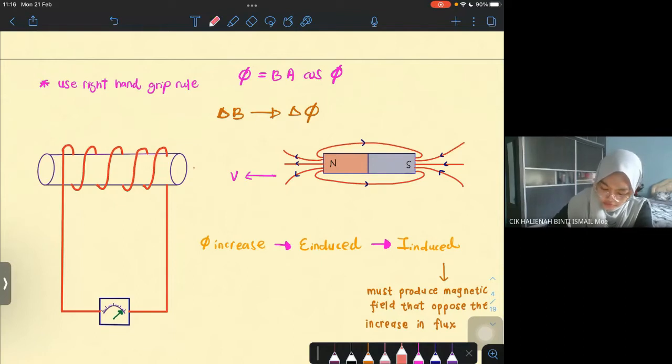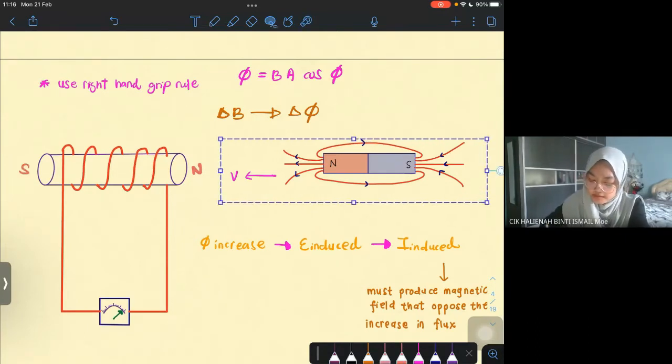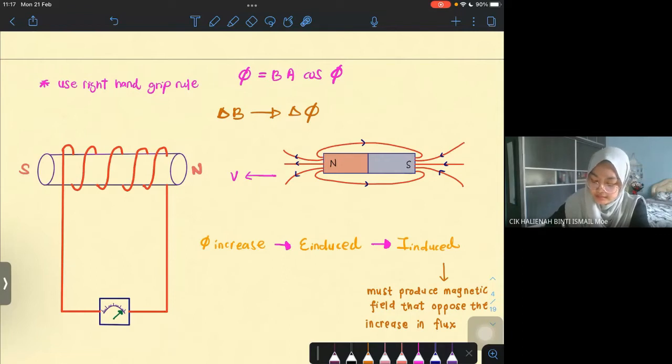Sebab bila north bertemu north, dia akan repel each other. So kalau dekat sini north, dekat sini akan jadi south. So this is the case when the magnet is moving towards the solenoid. So V dekat sini maksudnya pergerakan lah, ada velocity, pergerakan mendekati solenoid.